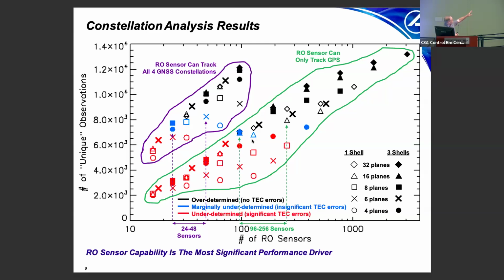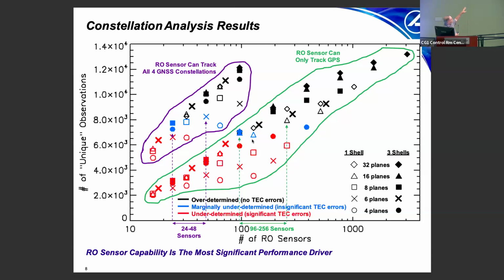You can see the 1 shell are the open figures, the 3 shells are the dark figures, and we have them colored now by whether it's overdetermined, no errors, marginally determined, insignificant errors, or underdetermined, where you can't really use it. And you can see as you add more sensors, things go from red to blue to black.